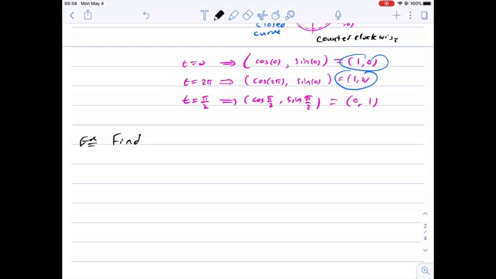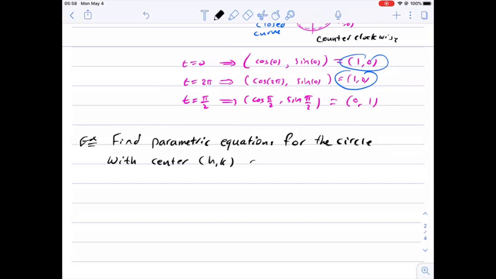If we want to find parametric equations for the circle with center (h, k) and radius r.